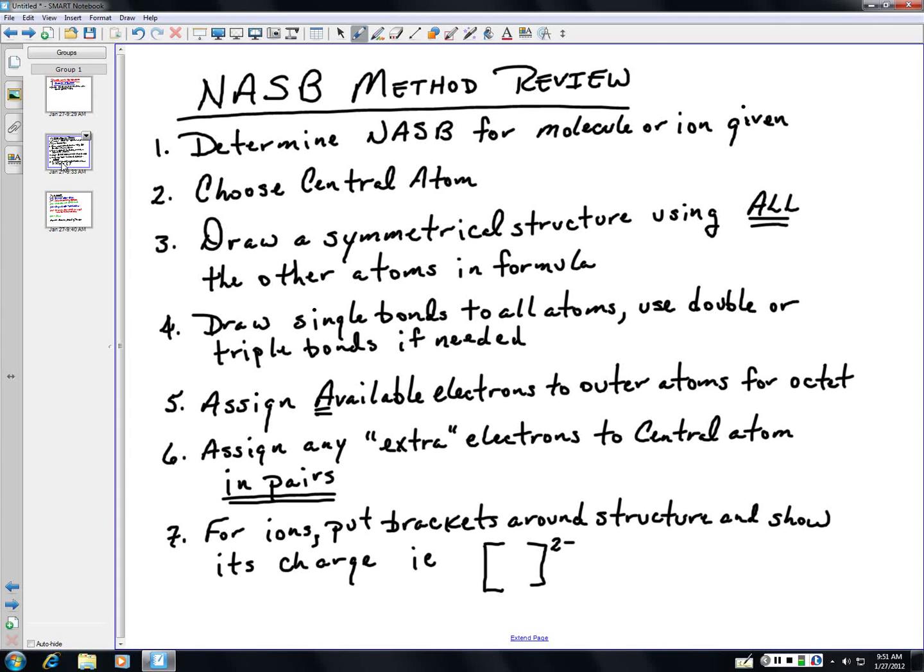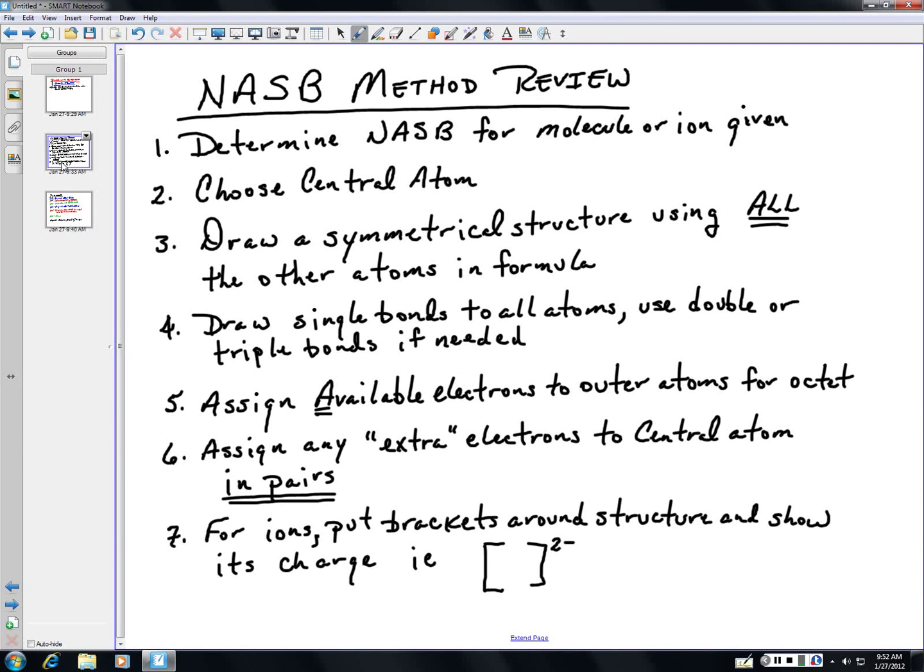So if you've thought about the NASB method, where we're talking about the needed electrons, the available electrons, the shared electrons, and the number of bonds that are going to be in our compound, I would again suggest that you look at these 7 steps, memorize them, and use them in this order as we draw Lewis dot structures for the class you're enrolled in, whether it's Chem 104 or Chem 111 or some other chemistry course in which you're doing this, but do that.